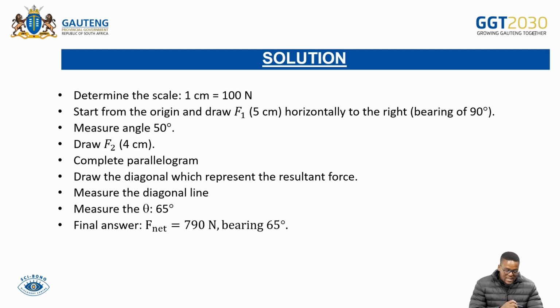After determining the scale, which is 1 centimeter to 100 newtons, start from the origin and draw F1, which is 5 centimeters horizontally to the right, or a bearing of 90 degrees. Remember, we've done bearing.